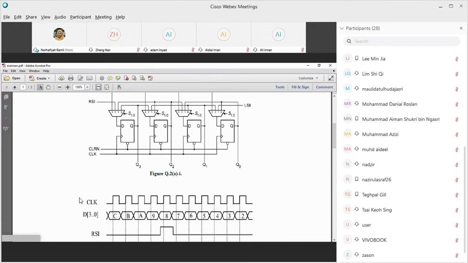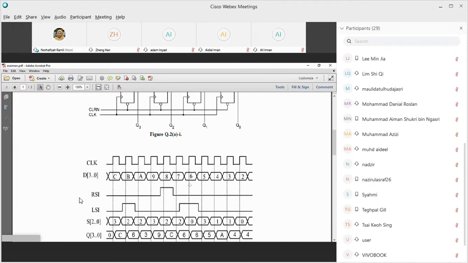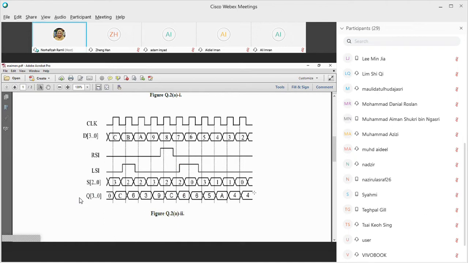You identify when 0, 0, you write here 0, 0, what happened, where is the data coming in? 0, 1, what happened? 1, 0, what happened? Then you write down here, like the one I did in the class, right?